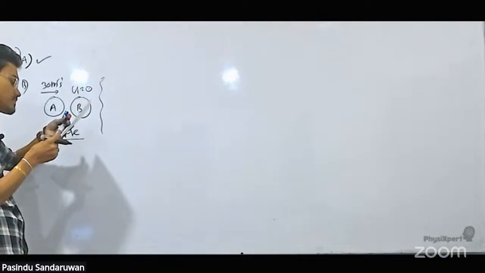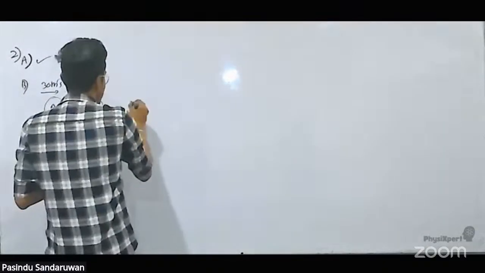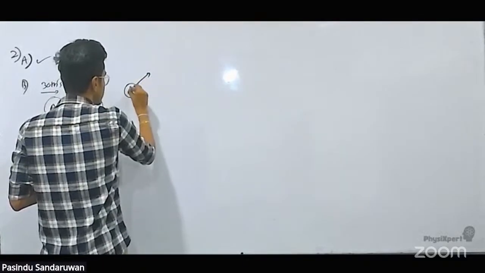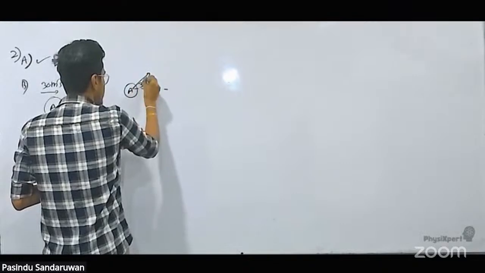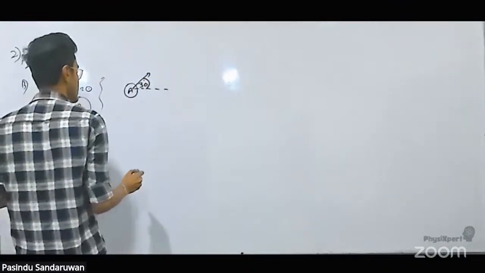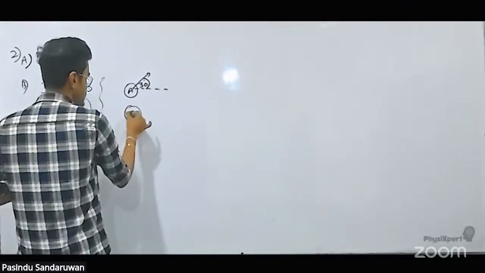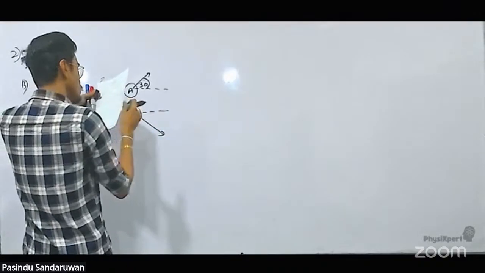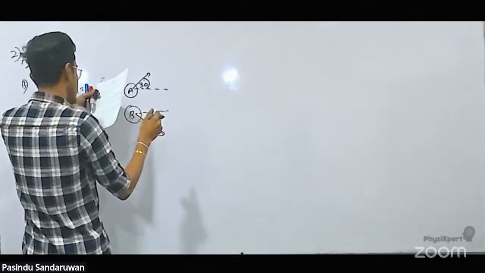After the collision, ball A travels at an angle 30 to its initial direction, and B moves at an angle 45 to the initial direction of ball A.